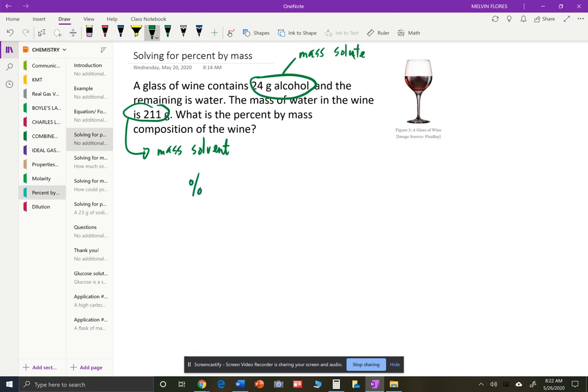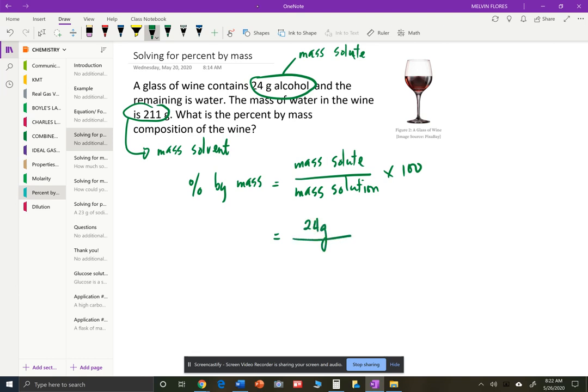So percent by mass equals the mass of solute divided by the mass of the solution, times 100. The mass of solute is 24 grams divided by the mass of solution. Remember that the mass of solution equals the mass of solvent plus the mass of solute.